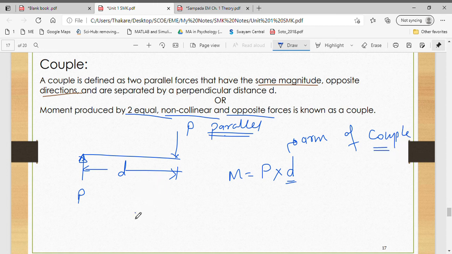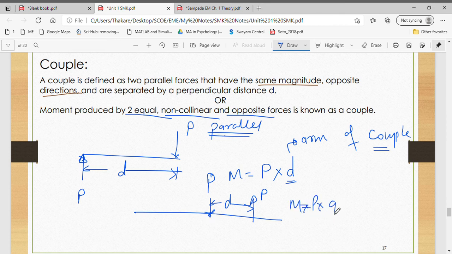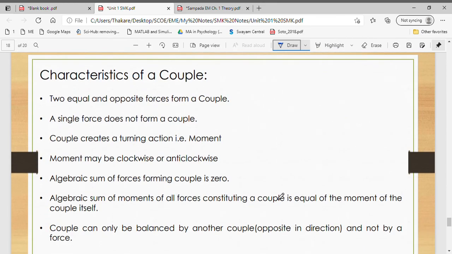So on a system, when there are two forces of the same magnitude and opposite direction separated by distance d, the moment generated will be P into the arm distance d. Okay, that is your couple. We will discuss some characteristics of couple and then we will move on to equivalent force couple system.